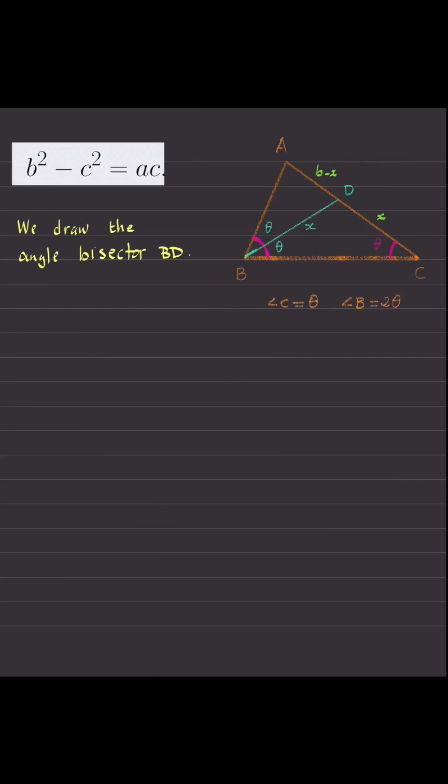Now AB from A to B is called little c, and from B to C is of course called little a. But now look, I'm claiming that this triangle here is similar to the original triangle. That is very simple to realize. Why? Because angle A is the angle in common.